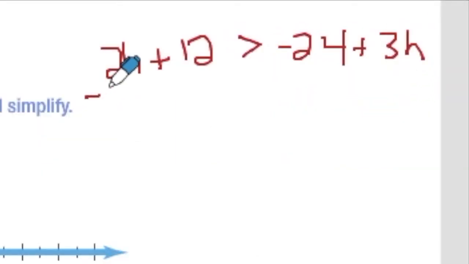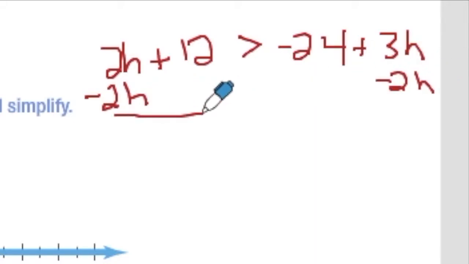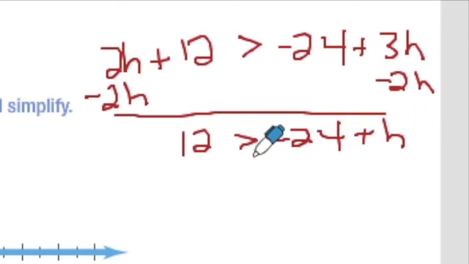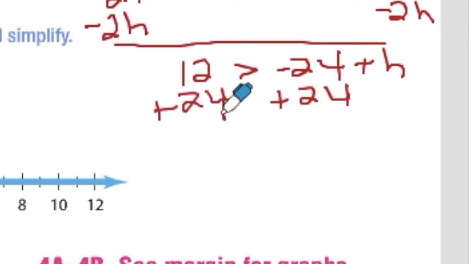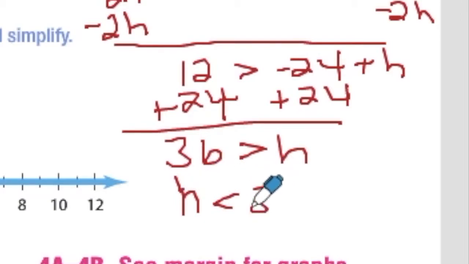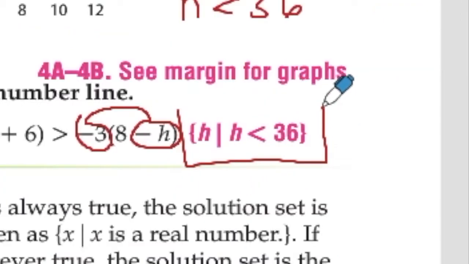So I'm going to choose to subtract 2h from both sides, leaving me with 12 is greater than negative 24 plus h. Add 24 to both sides, and I get 36 is greater than h, or h is less than 36. In solution set notation, that's h such that h is less than 36.